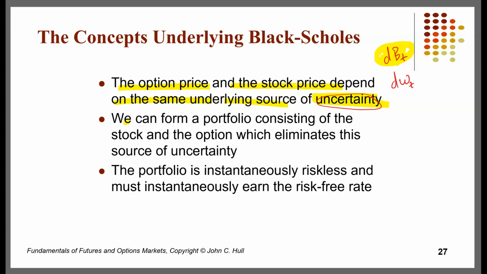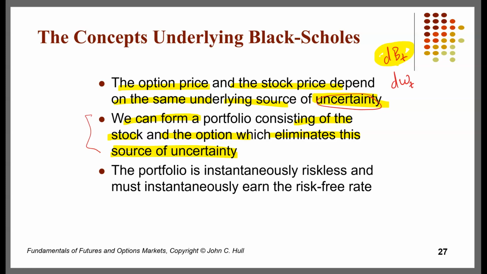So we can form a portfolio consisting of a stock and an option, which eliminates essentially the source of uncertainty. And so that's another way of coming about with Black-Scholes, and I'm going to come back to this in another video, showing you exactly how we use portfolio replication.